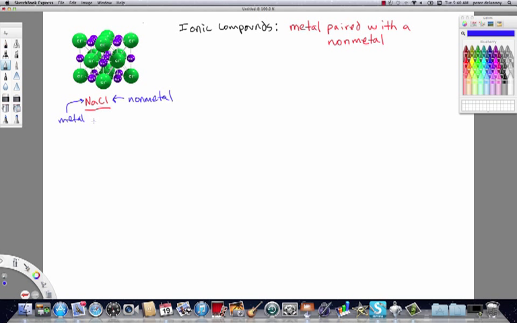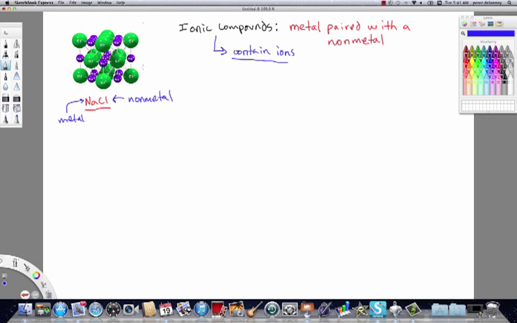And the thing that distinguishes an ionic compound from a molecular compound is the fact that ionic compounds contain ions. So they contain ions, and they contain ions of different charges.